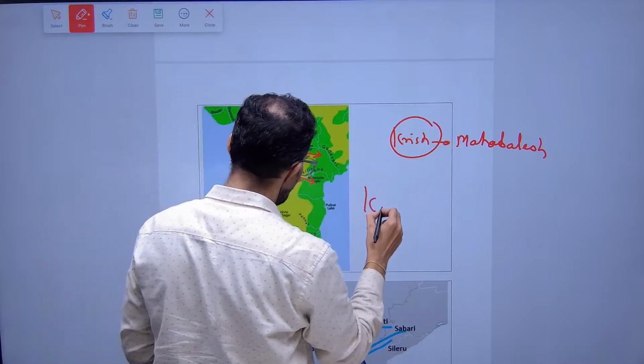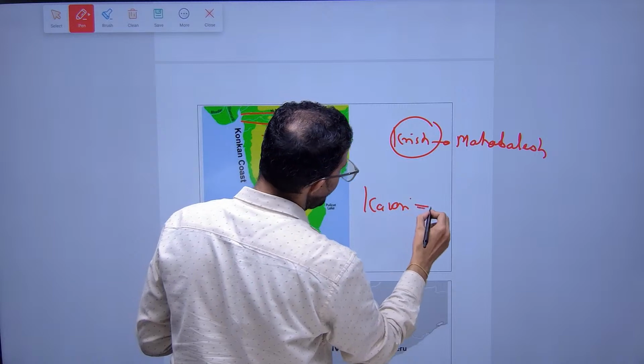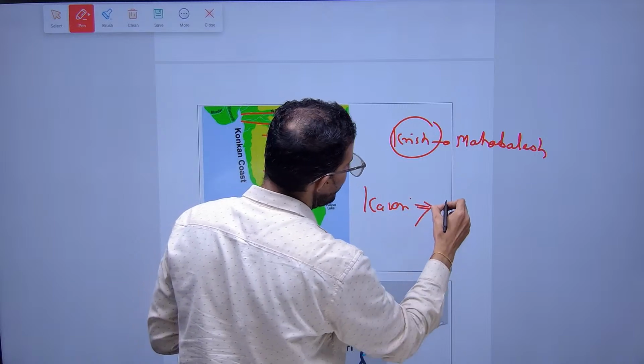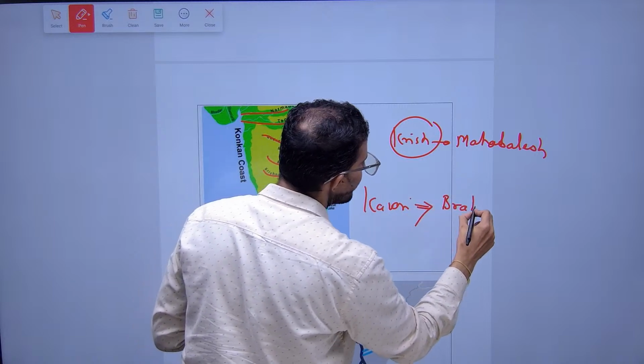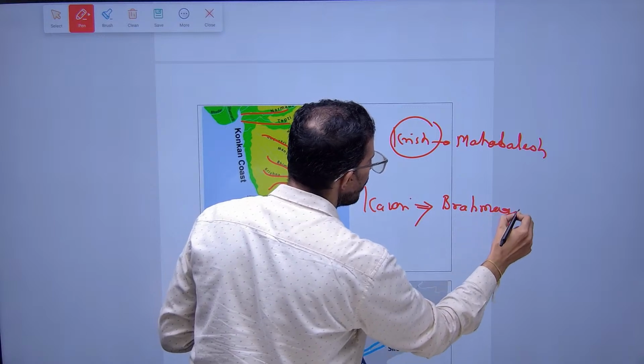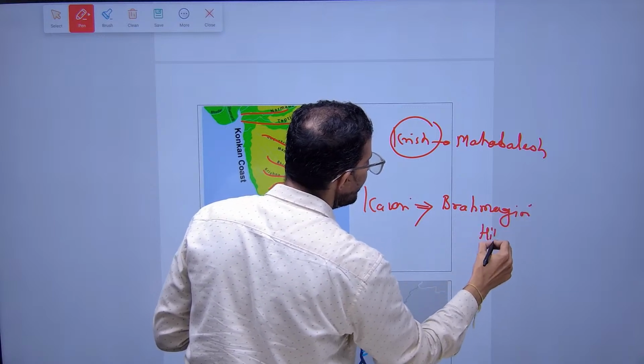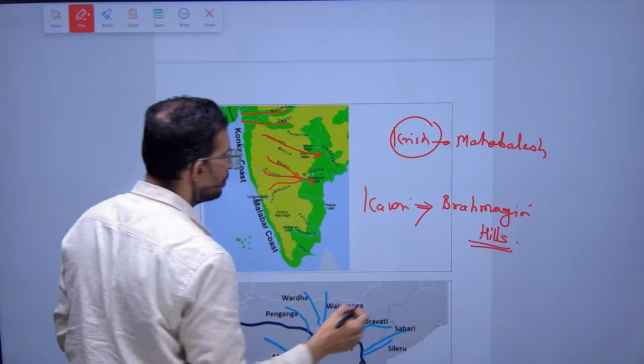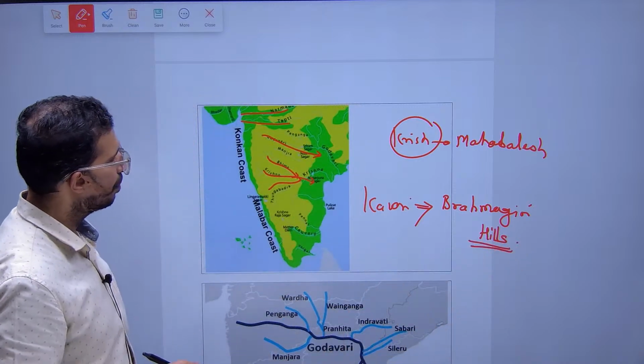Kaveri river originates in which one? Brahmagiri hills in Karnataka.